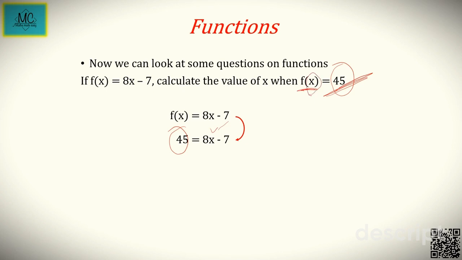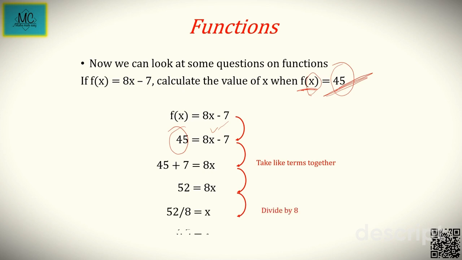So I bring the like terms together: 45 plus 7, as 7 goes to the other side, it changes the operation, is equal to 8x, which gives me 52 is equal to 8x. Now 52 should be divided by 8, and the answer I get for x is 6.5. Thus, if I put 6.5 as an input in my function machine, I'll get an output of 45.